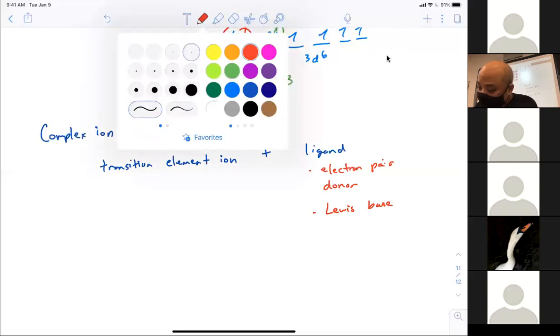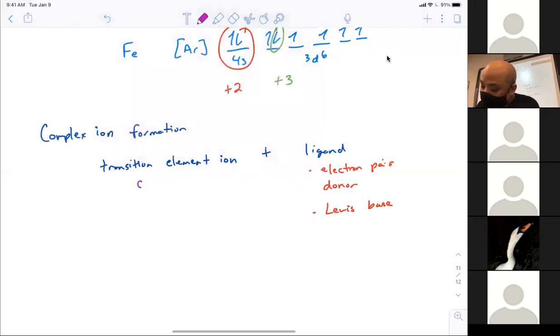A transition element ion is a cation, so it loses electrons, so it's an electron pair acceptor, which makes it a Lewis acid.